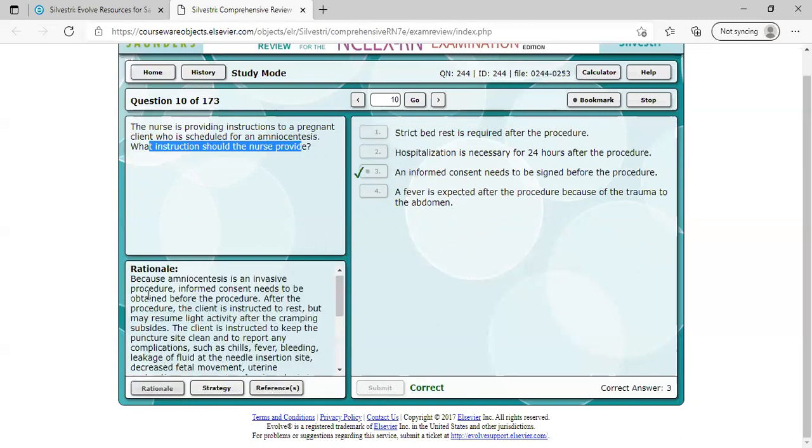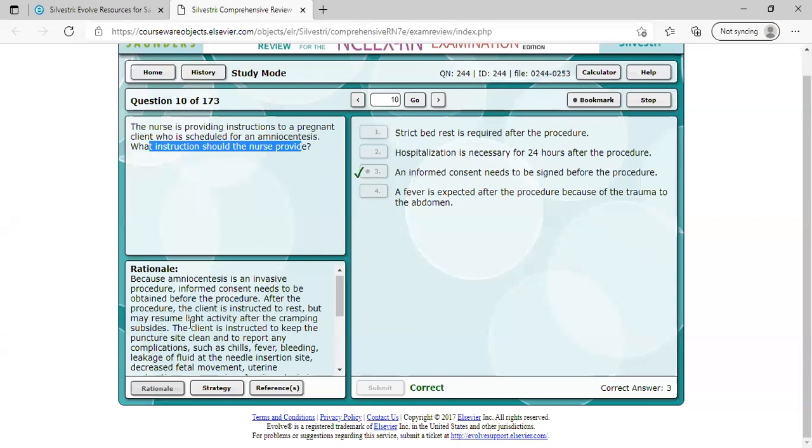Let me explain a little bit more about the amniocentesis. Because amniocentesis is an invasive procedure, informed consent needs to be obtained before the procedure. After the procedure, the client is instructed to rest, but may resume light activity after cramping subsides.